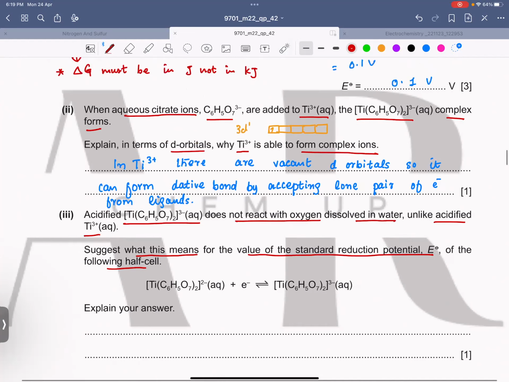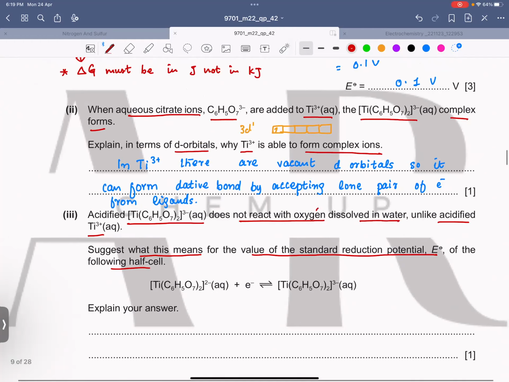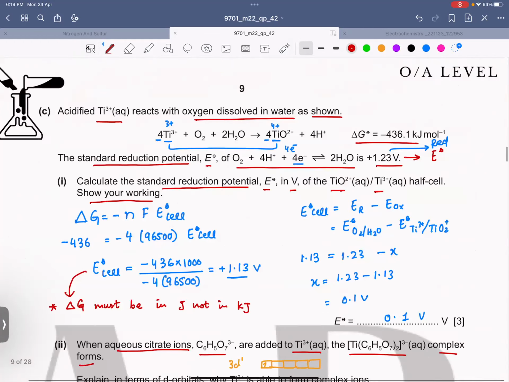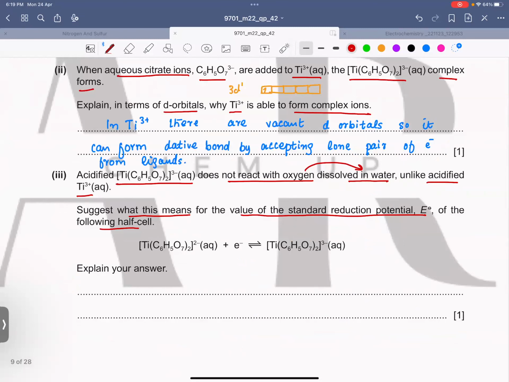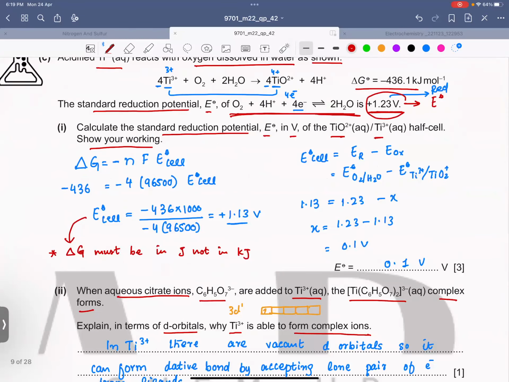So if you recall the reaction of oxygen dissolved in water, we have a half equation over here, and its value is positive 1.23, and in the presence of this, titanium 3 positive is oxidized, so its value would be lower. But it is not reacting with oxygen, so it means it doesn't undergo oxidation. So the value for this half equation, or the value for this E naught cell, would actually be greater than this value. That's why this reaction could not occur.